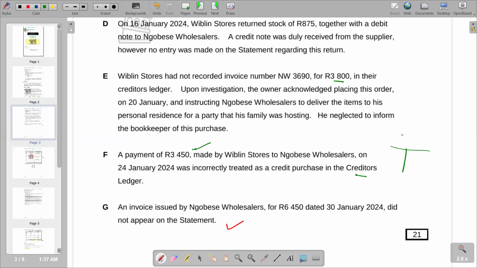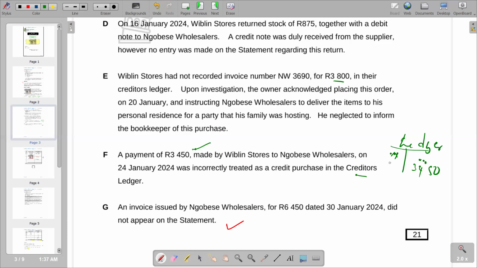If it is a payment, it's supposed to be shown on the debit side in our creditors ledger. But by mistake, it was shown on the credit as an invoice. So basically, we have got 3,450 on the credit that's not supposed to be there. It's supposed to appear on the debit side.